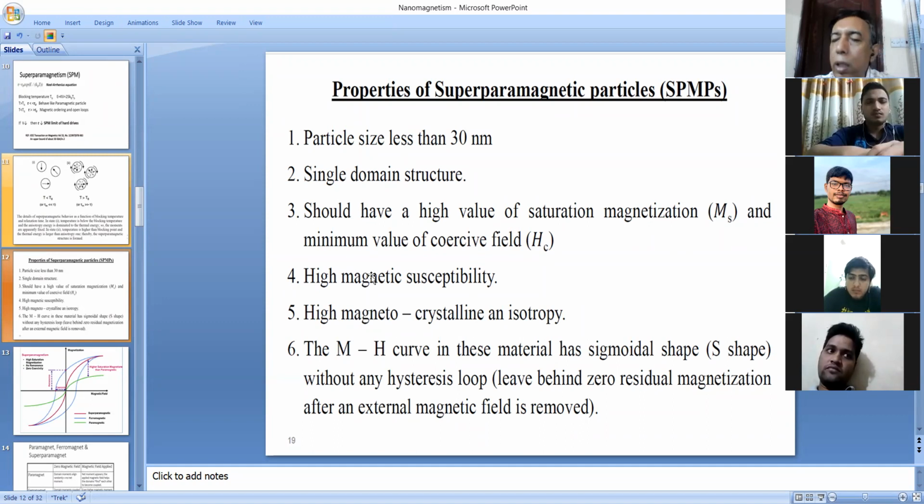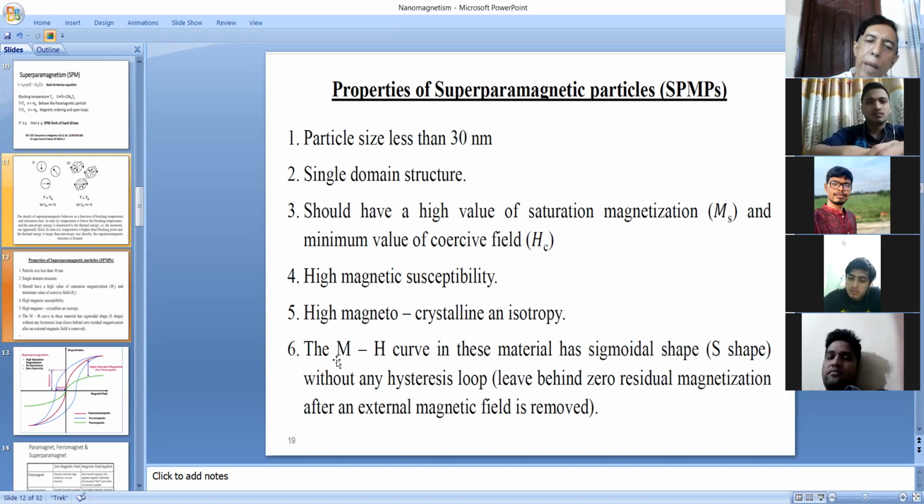Say, for example, in a 001 plane, the amount of magnetization will be high. But in 101 plane of that crystal, the magnetization will not be that high. That is called magnetic anisotropy. I have explained it when we studied the magnetic materials.